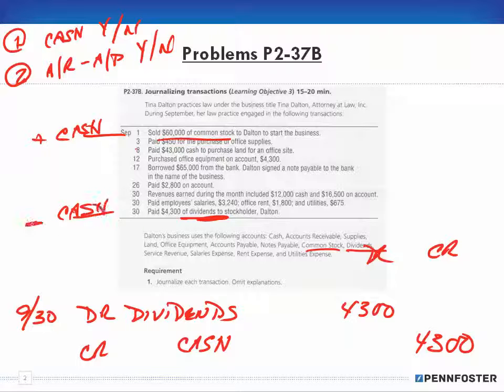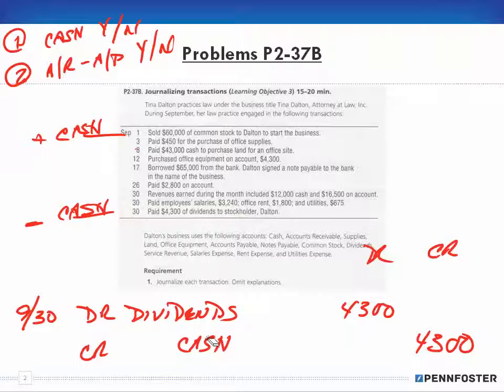We're decreasing our cash, and we're using that common stock account and the dividend account, and that's kind of how we deal with the equity section, at least in this stage of the game. Okay, later on when you get into more advanced accounting, yeah, it gets more complicated, but right now that's all you need to know for the equity section.